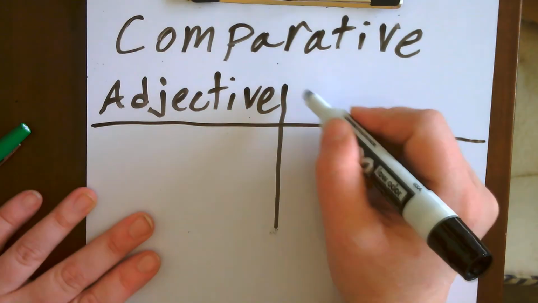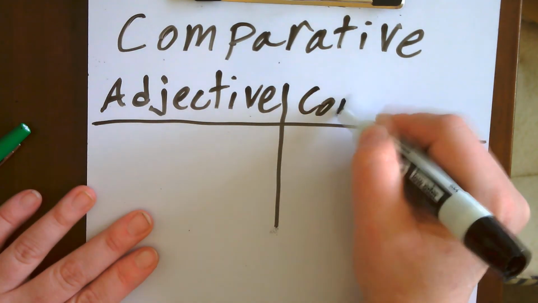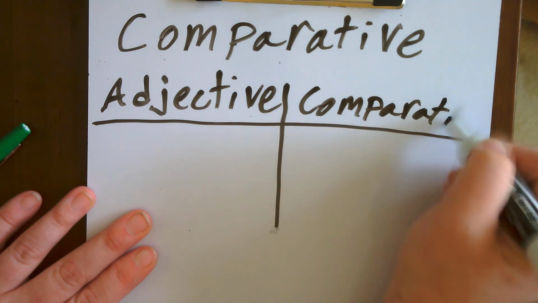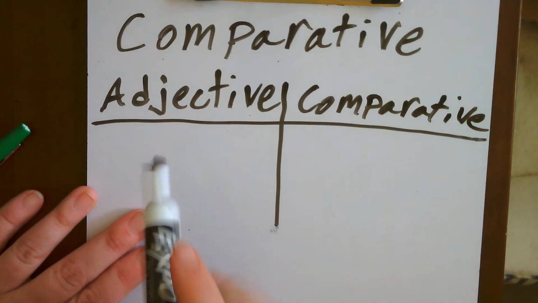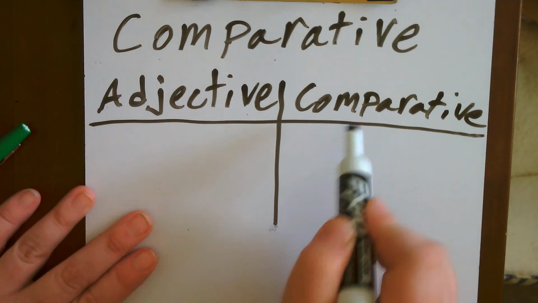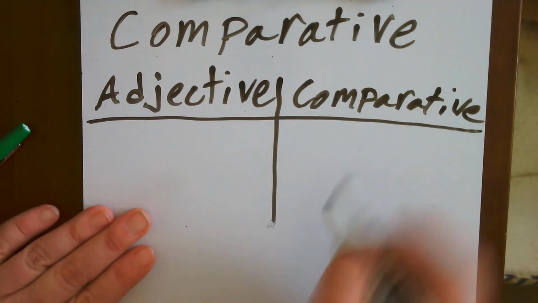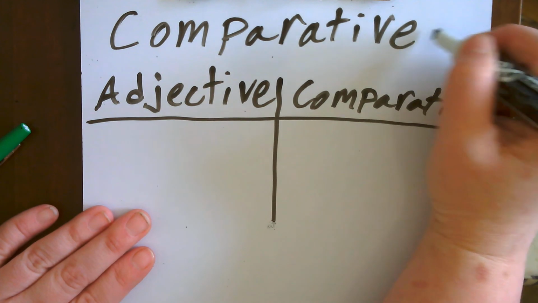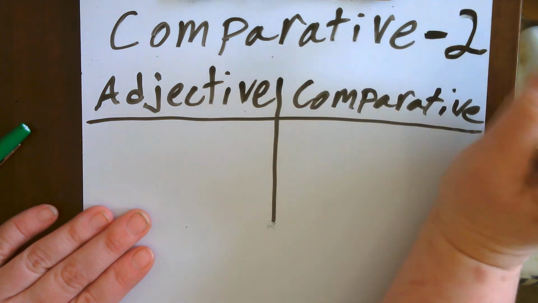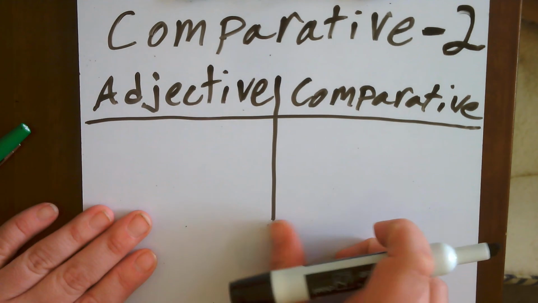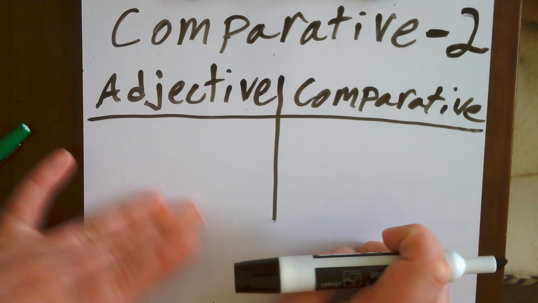We're going to make a T-chart here. I'm going to give you the adjective and then the comparative form. Okay, so as a reminder, comparative is comparing two things. Only two. Okay, so let's start with brave.